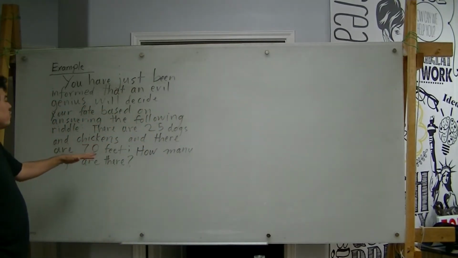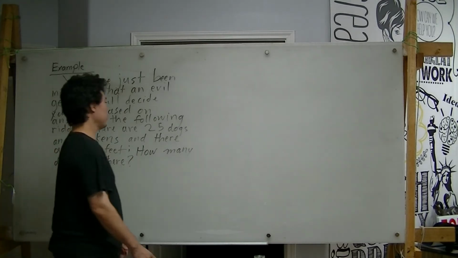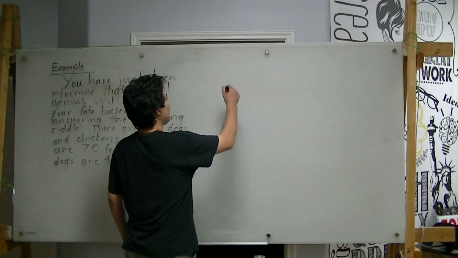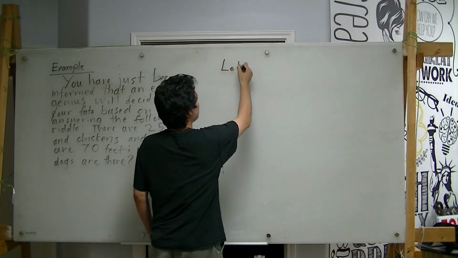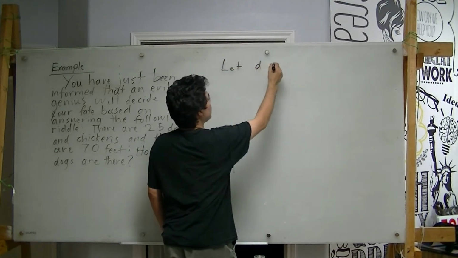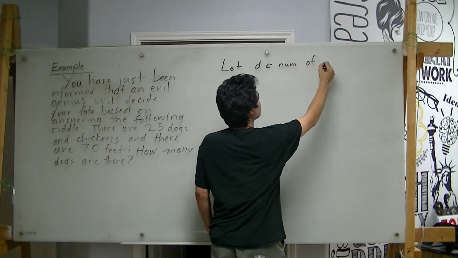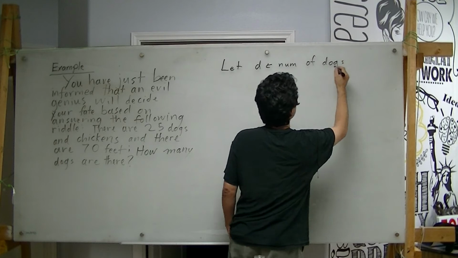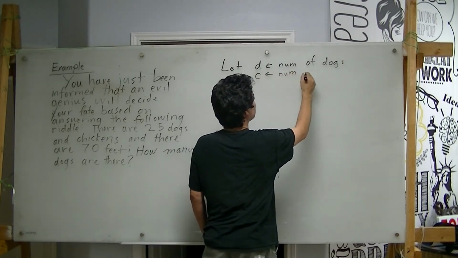So there are 25 dogs and chickens, and there are 70 feet. Now, let me first write down what our variables are going to be. We're going to let D be our number of dogs, obviously, and we're going to let C be our number of chickens.